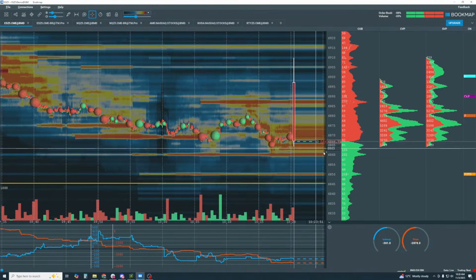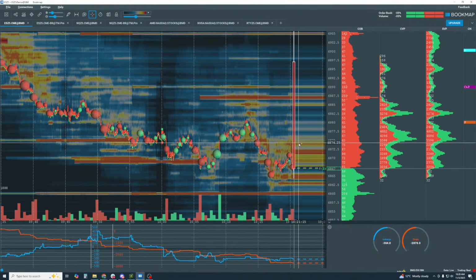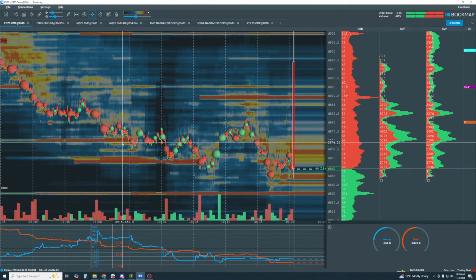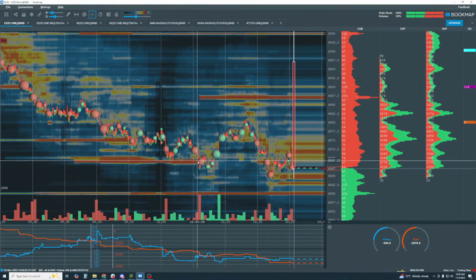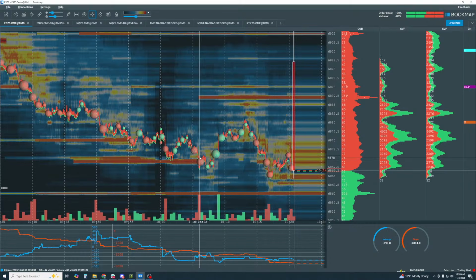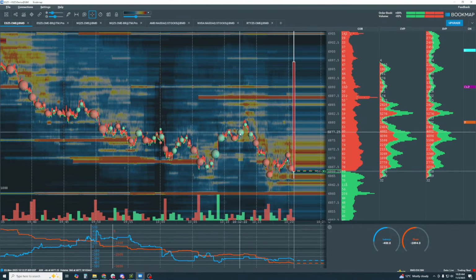Let's zoom in a little bit further here and take a look at what's happening in some of these areas. A lot of liquidity here, and down below at this 68.60. These areas got filled in here, and we see the reaction with some buying coming in.